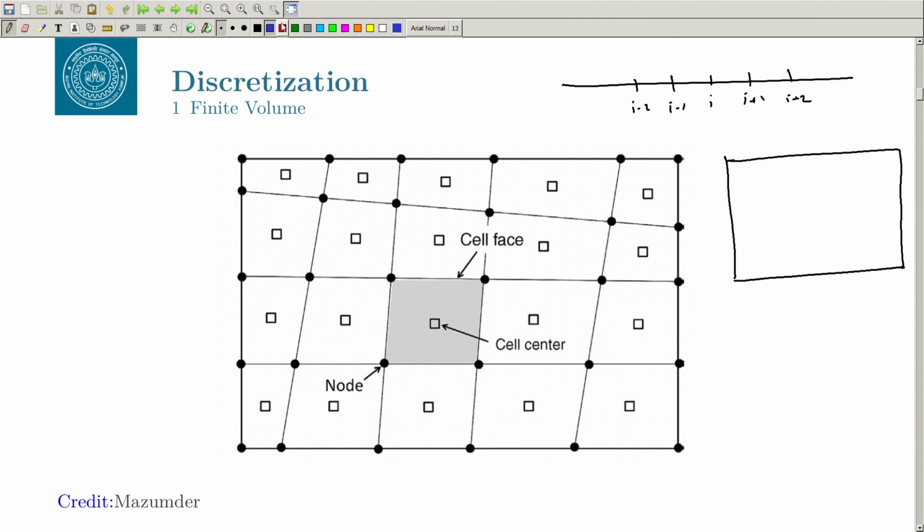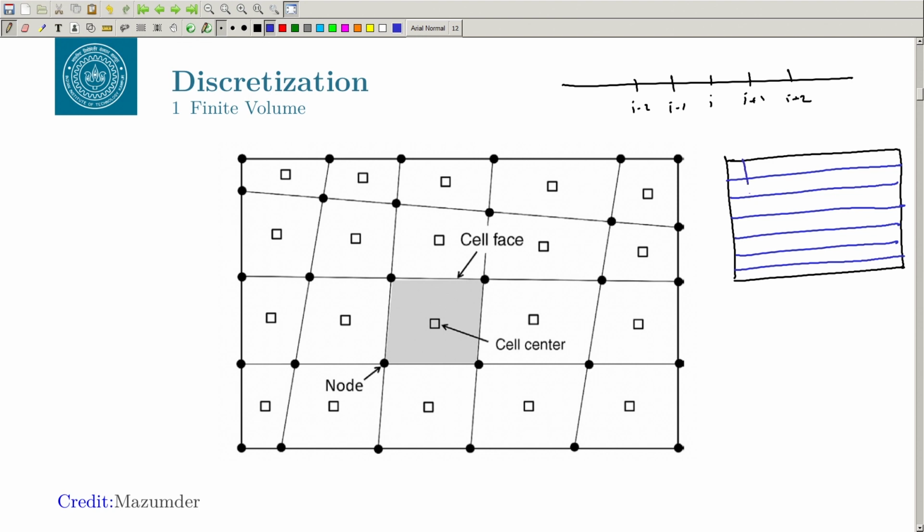So, you will have a mesh which is nice and structured, right. It is only the dimensionality which changes. Now instead of only i, you have i and j, but still it is structured. And you have information about all the things, right. So, let us say this is i and this is j.